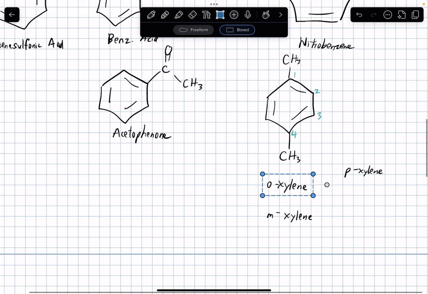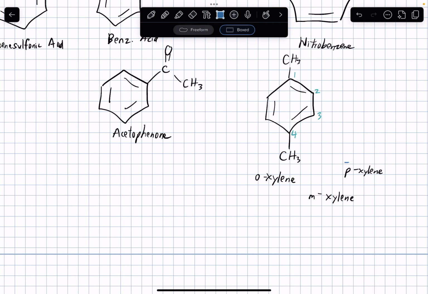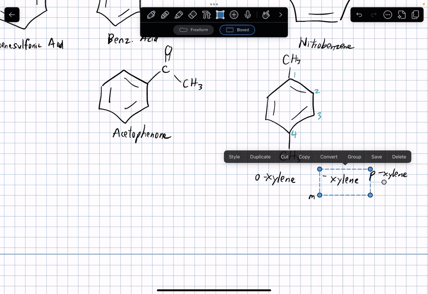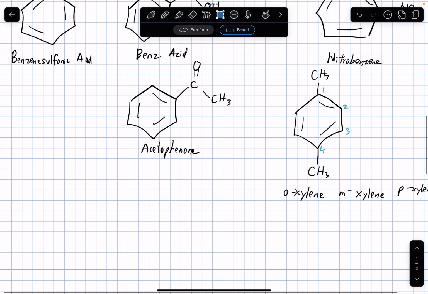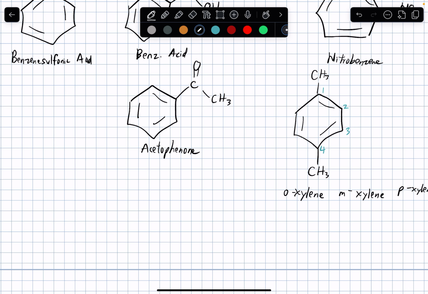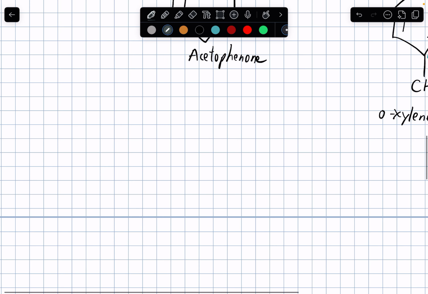Okay? So take note. Okay. So yeah, I just mentioned to you the three ways that two groups can be attached to a benzene ring.